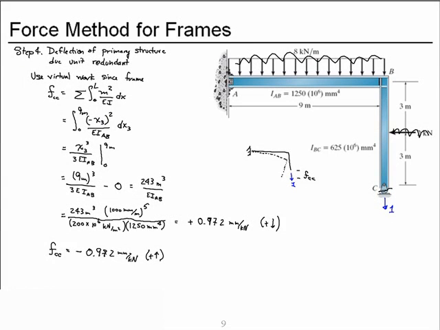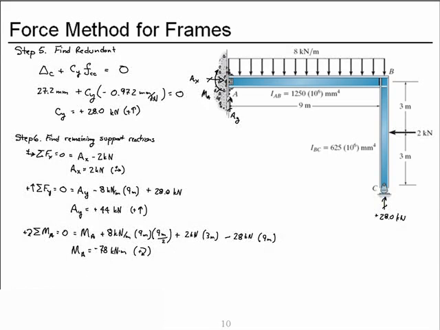We drew it initially down, but our compatibility equation was based on a Cy acting up, so we flipped the sign in our flexibility coefficient to denote an assumption of an upward reaction at C. We then used that information with the compatibility equation to find the redundant, the vertical reaction at C. We then used our 3 equations of equilibrium to find the remaining support reactions.